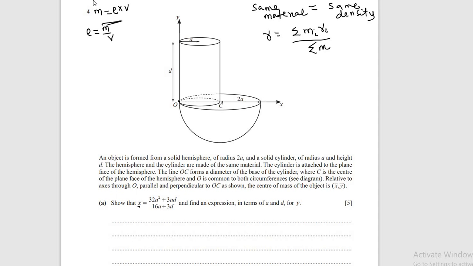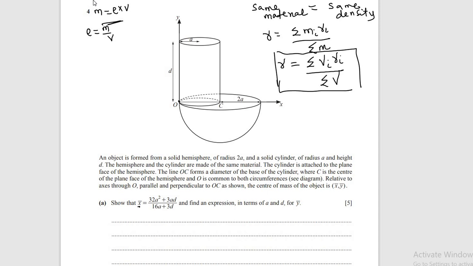In this case the density is uniform, so at the end of the day the center of mass will be volume multiplied by position of the center of mass all over summation of volume. This is what we're going to use.